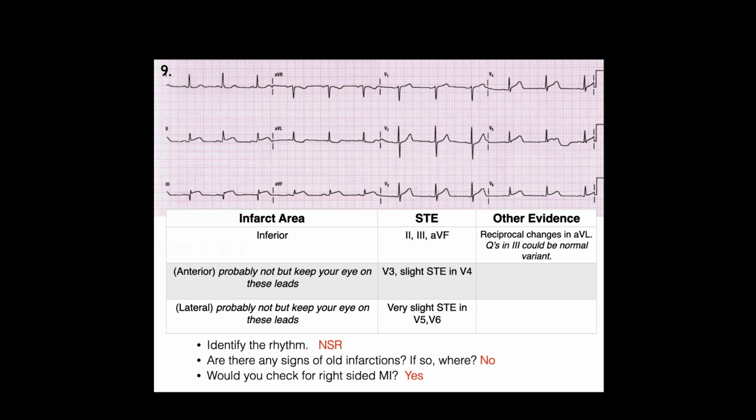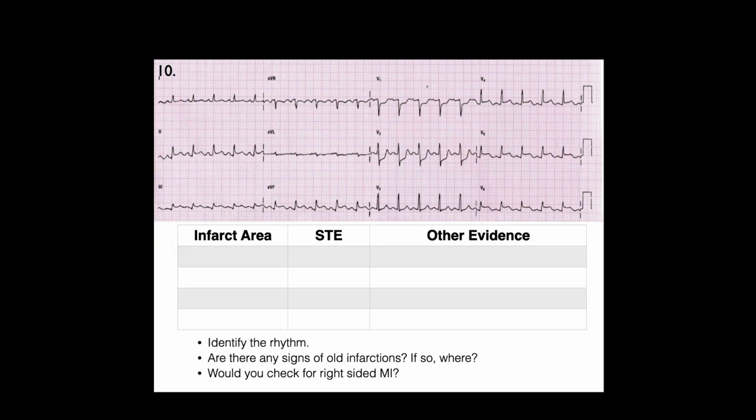Okay. So next one. I said there's an inferior, 2, 3, and AVF, elevation there, and then lateral in V5 and V6.